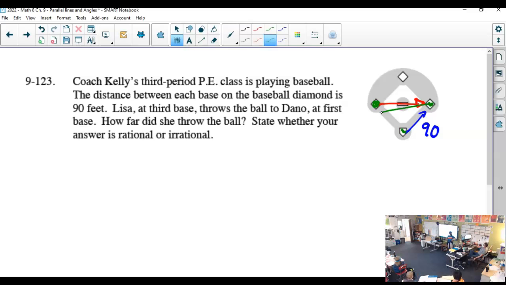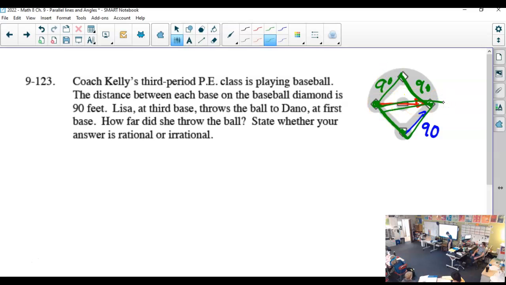Is a square also a diamond, or is a diamond also a square? If they have the same criteria, we could call it either. So it is a square and possibly also a diamond. And half of the square is a triangle. And so we already know these. So we just need to find this.